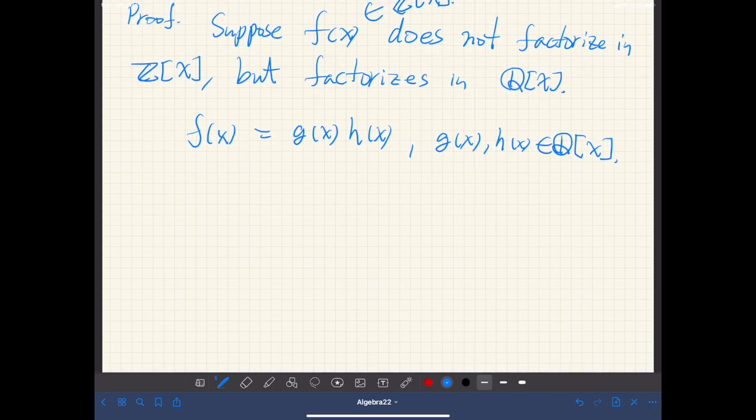Then, as we have seen before, f of x can be written as c0 times f0 of x, where c0 is an integer and f0 is primitive.